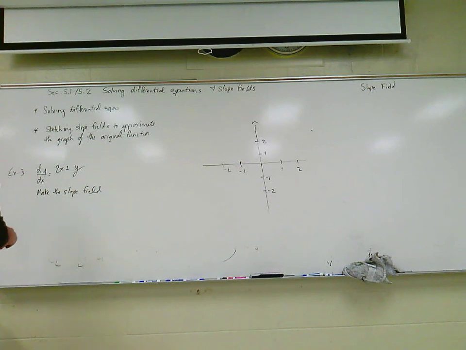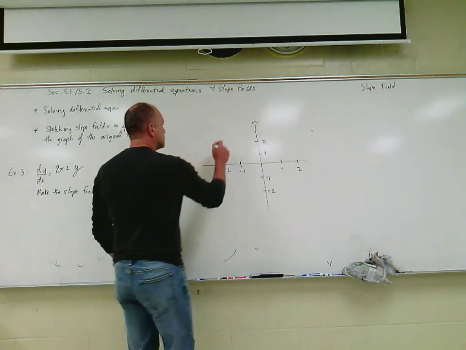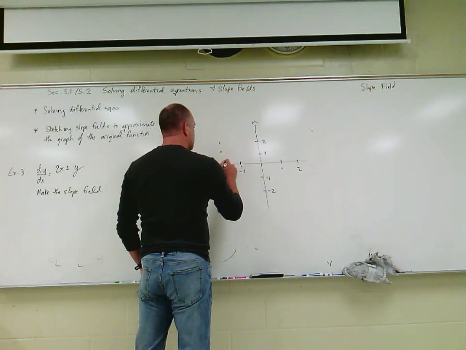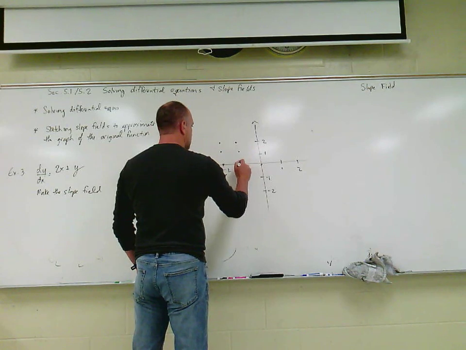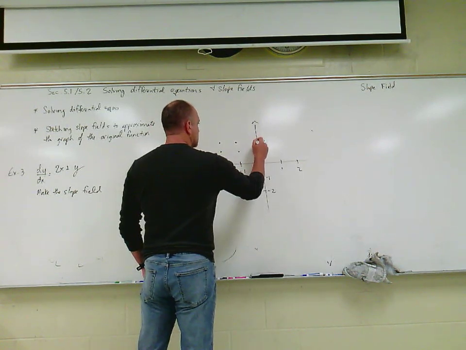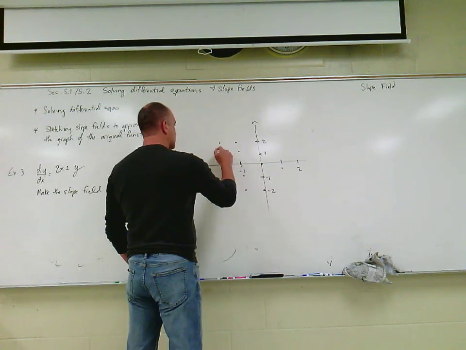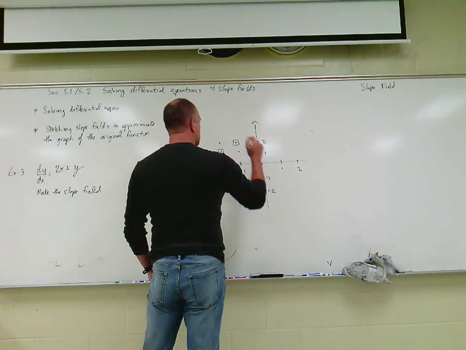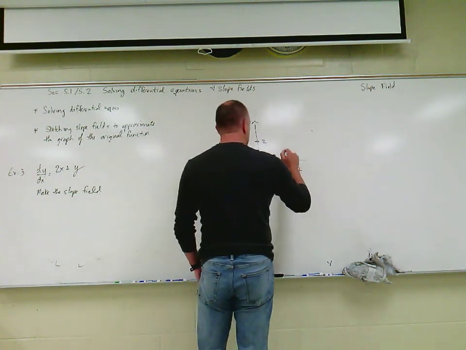So we'll start, you can go left to right if you want. You can see there's 5 points on each one here that we're going to deal with. We're going to find the slopes. So I'm going to pick one from each column.